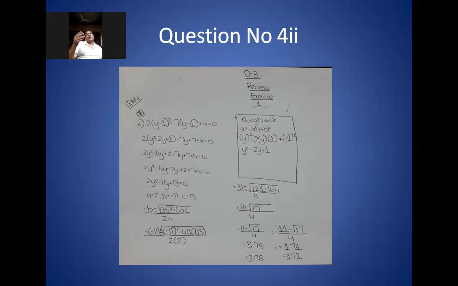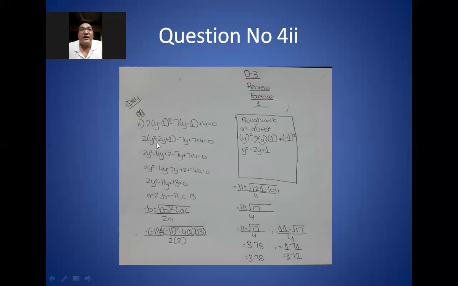So what I have done here, I have taken a longer method of solving it. We actually opened it. So 2 bracket and y minus 1 whole squared, if you open it by the formula a squared minus 2ab plus b squared, you will have 2 bracket and I opened this whole square, y minus 1 whole squared.